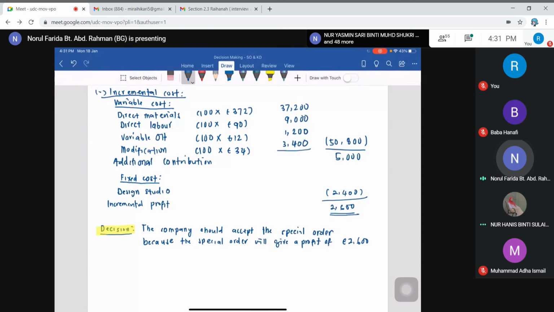Tapi itu secara general. Kalau dia ada explain something that fixed cost associated with the cost or which can be avoided, then you kena fikir lebih sikit untuk decide sama ada dia relevant atau tak relevant. Tapi kalau dia just cakap fixed cost without any explanation, kita stick pada basic konsep of fixed cost yang mana dia adalah constant cost. Dan constant cost dia tak akan berubah ikut production. Macam tu.